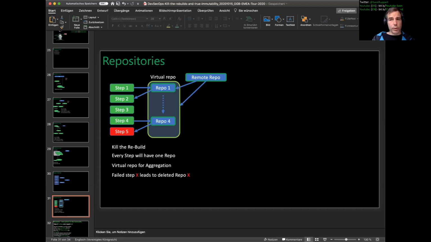It would be bad if you're throwing everything away and building all this stuff again just to verify this test is running. It would be good if you can hold all build steps that are done already, because you're not changing something. They are immutable. Everything that's created from the previous build steps are immutable, and just start from scratch from the latest failing build step inside your build pipeline.